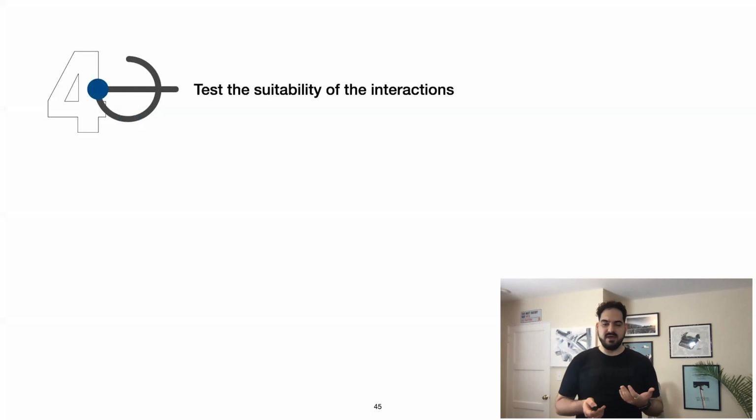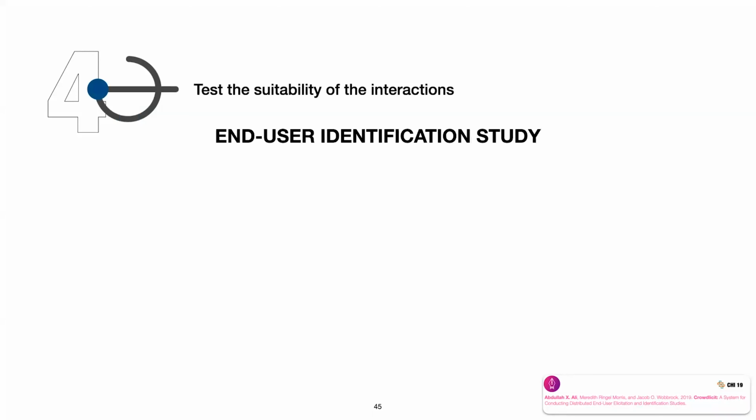Moving on to the 4th step of the DXD process, I wanted to evaluate the interactions resulting from an elicitation study. To do that, I established the end user identification study method, in a way to be the reverse of an elicitation study.